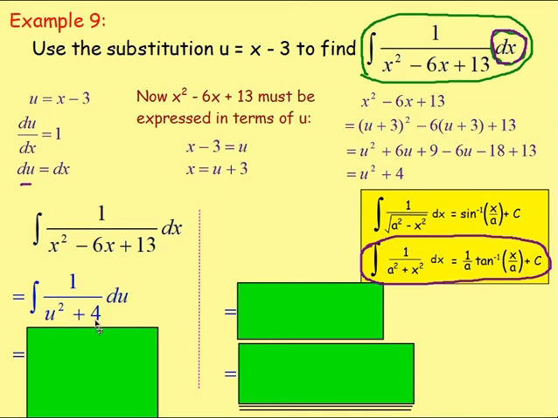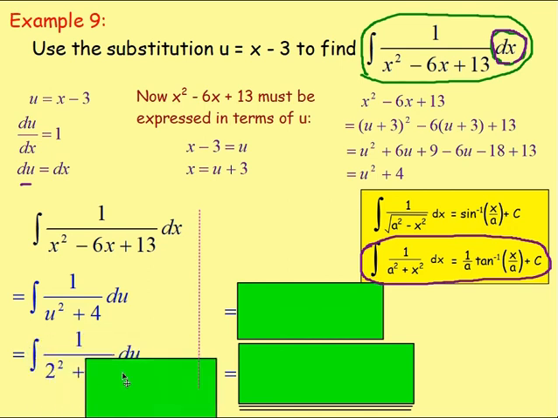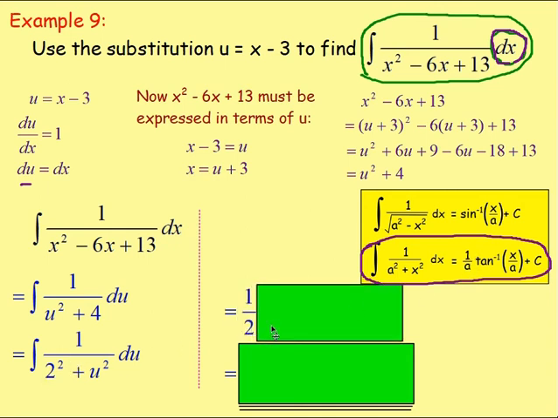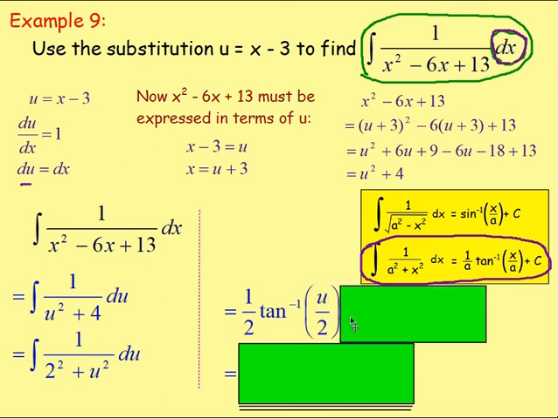If you write this number out as some number squared, that would be 1 over number squared plus u squared. From there then, you'd have 1 over a, so our number that we're squaring is 2, so it will be 1/2. We will have tan to the minus 1 of, and instead of x over a, we'll have u over a. And remember, a was 2, so it'll be u over 2. What do we have in the end? Plus c! You got it.